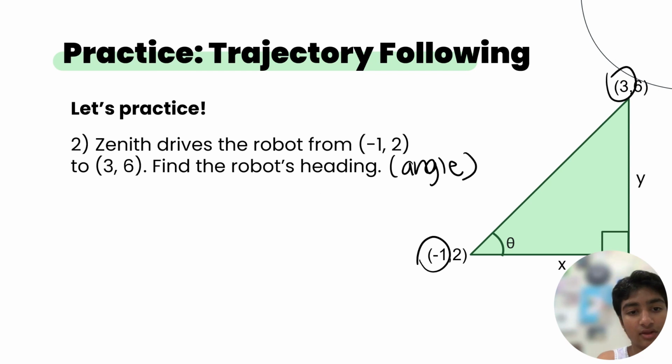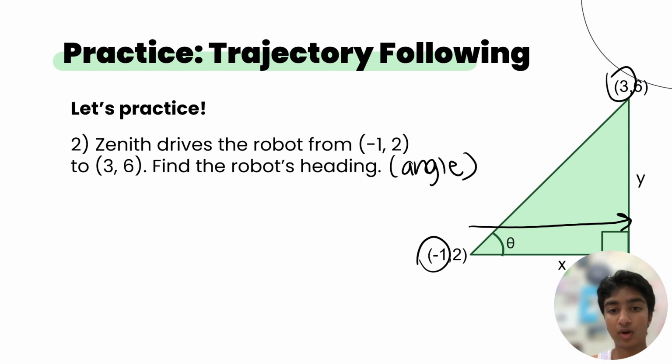Actually, wait, let's look at it this way. You go from -1 to 3, right? You're just going like this, and we're just looking at the x path right now. That means you moved over 4 units, because you moved over -1 to 0 and then 0 to 3. If you think about it like that, it's a little easier to visualize. So that equals 4.